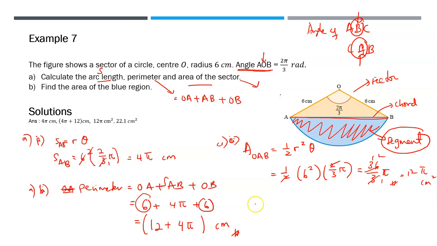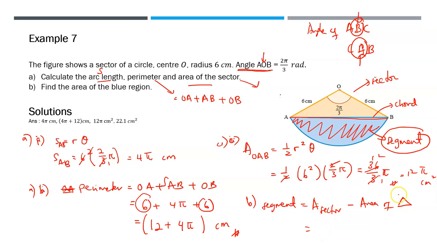So how we find the segment? Segment will be equals to, secara logiknya, the whole thing minus the area of triangle. Kan? Area of sector minus area of triangle. Okay, area of triangle ni kamu boleh gunakan yang guna sine kan.